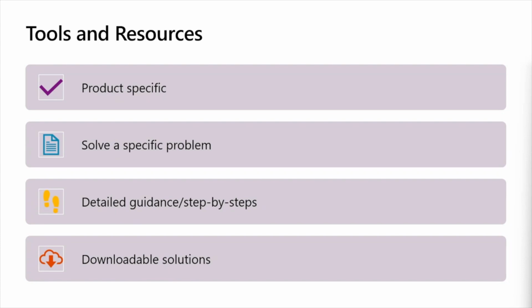Then the article goes on to give you detailed guidance and step-by-steps. That could include the actual installation, configuration, and use instructions, depending on the type of tool or resource. Many of them also have downloadable solutions or resources that you can get from our GitHub repository. So this is an example of one of the different types of tools and resources available. I'll be taking a closer look at some of those a little bit later when we do our demonstration.